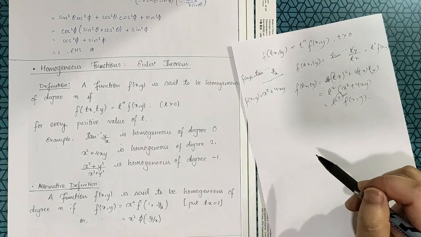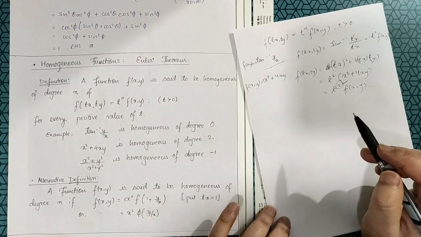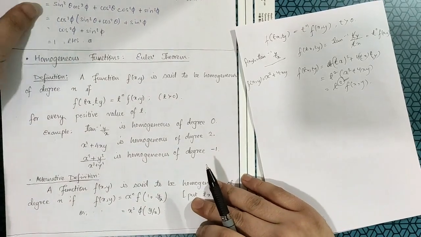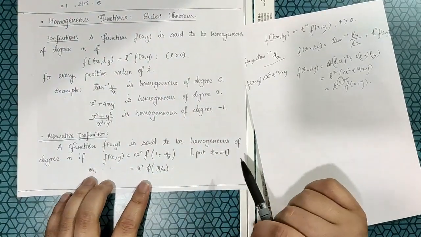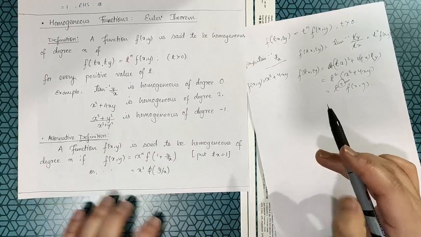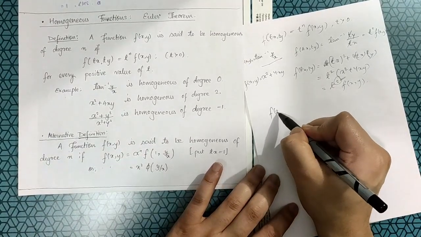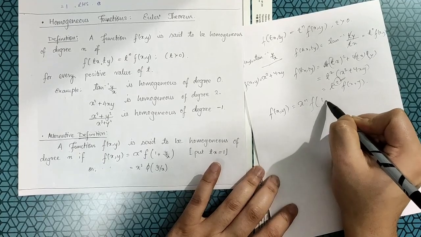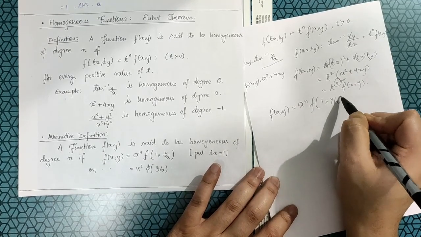This is the order. Alternatively, we can define it as: a function f of x y is said to be homogeneous of degree n if f of x y is equal to x to the power n f of 1 comma y by x.